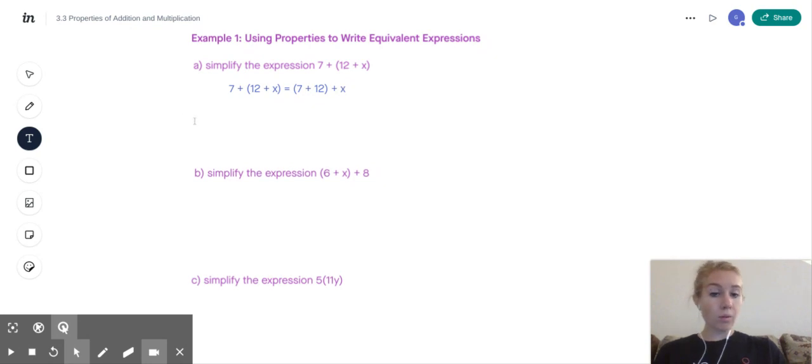So see how the order of my numbers and variables didn't change. We have 7, 12, x; 7, 12, x. The only difference is the parentheses moved. First they were around 12 and x, and now they're around 7 and 12. So now we need to state what property we used. Which one changes where the parentheses are?